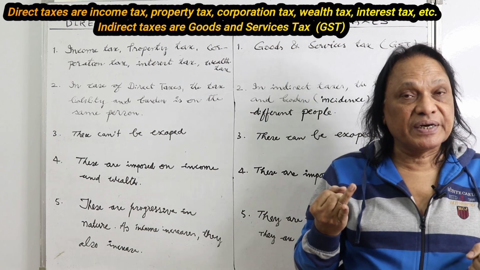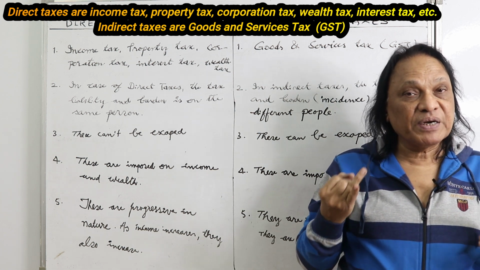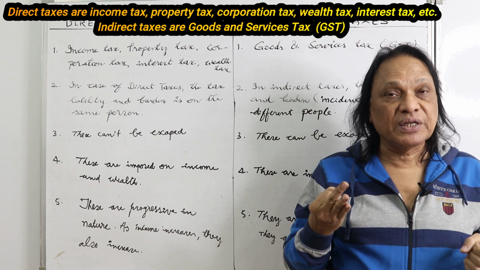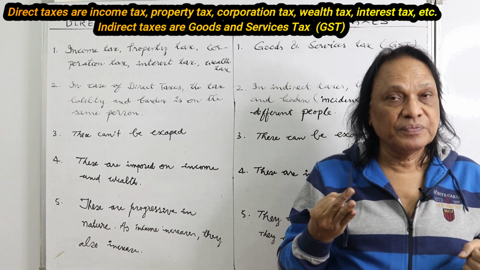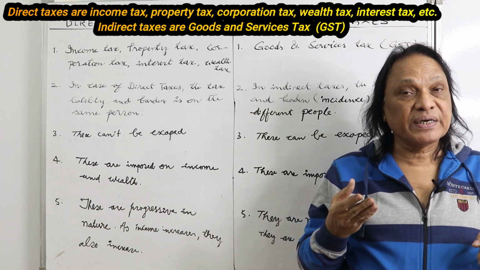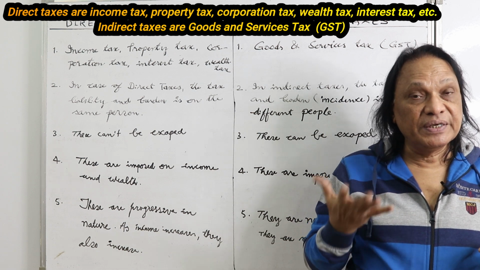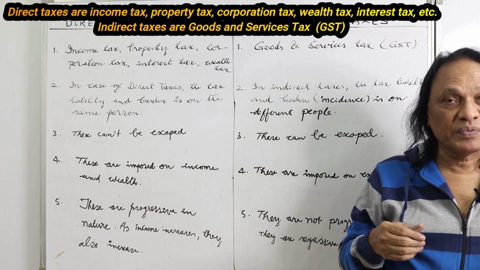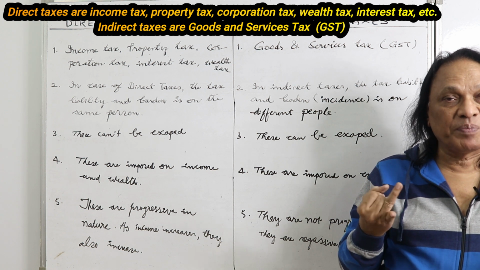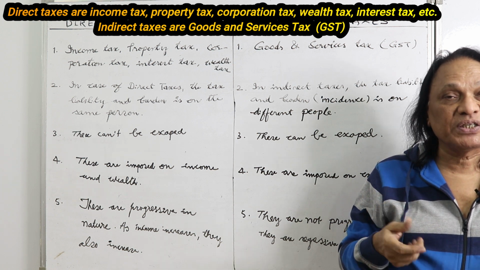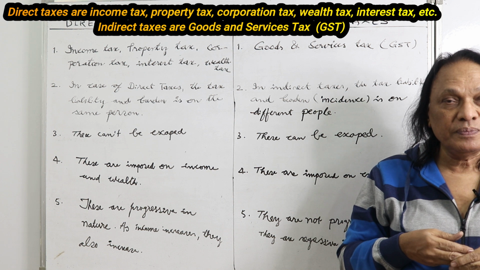Property tax is a direct tax. The big firms pay corporation tax, that's also a kind of direct tax. Wealth tax is a direct tax. Interest payment is a direct tax. I repeat, income tax, property tax, wealth tax, corporation tax, interest payments.